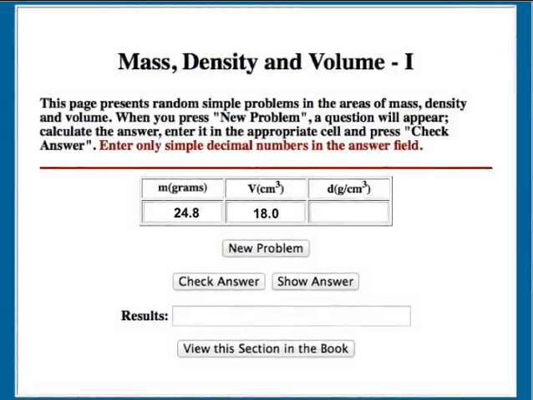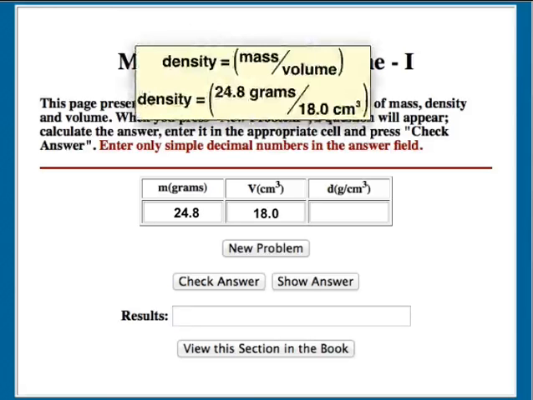We simply have to calculate a density, we are given a mass, and we are given a volume. Our density is going to be mass divided by volume. If we plug this in, we get 24.8 grams, 18 cubic centimeters, and our density is 1.37.